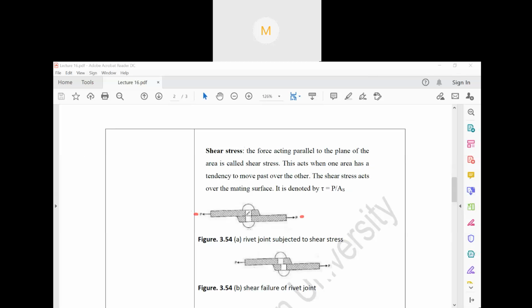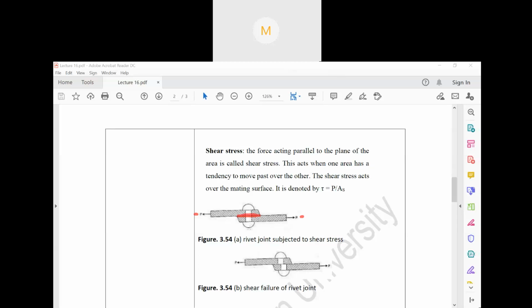Now look, if you apply these two forces from this side and this side, what will eventually happen? This will have a tendency of tearing this whole thing apart, right?